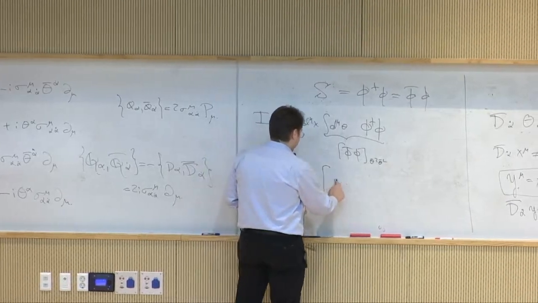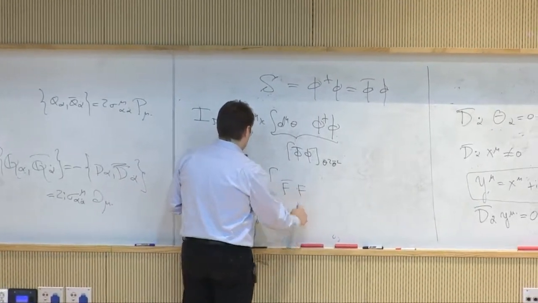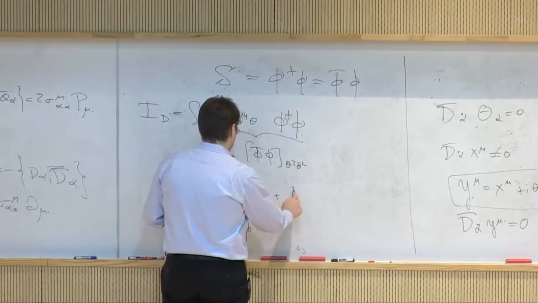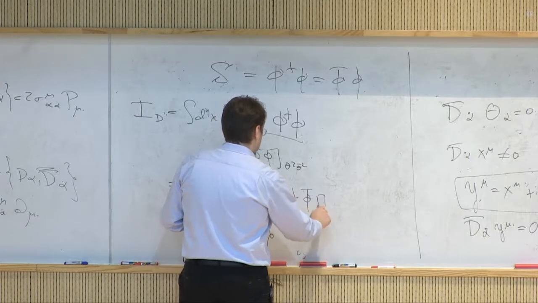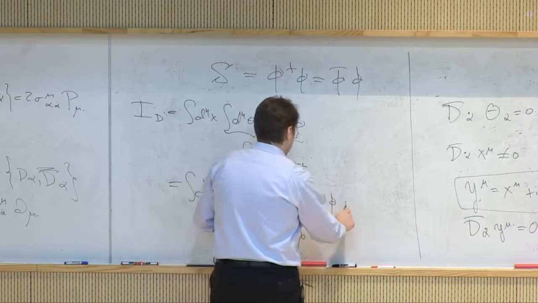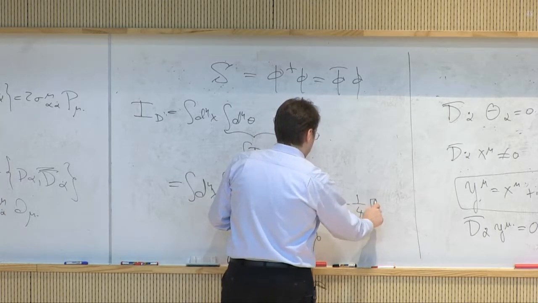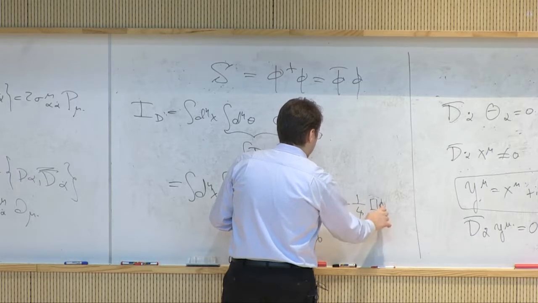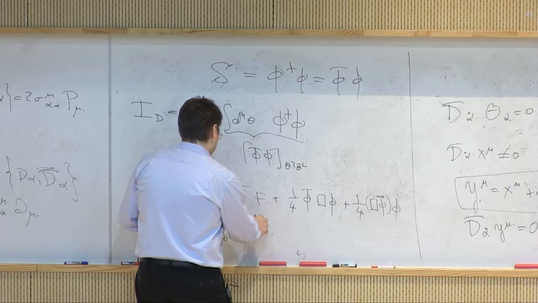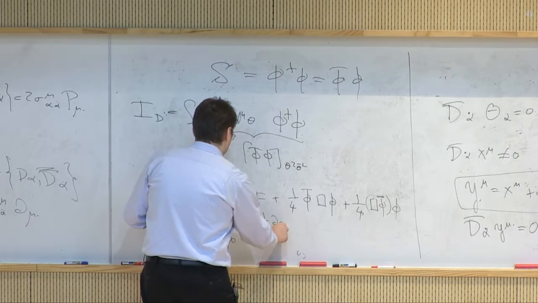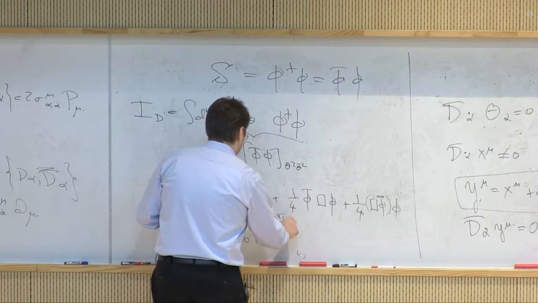There's an f bar f. There are some terms involving phi bar and box of phi. And there's a term involving box of phi bar times phi. Then there are some mixed terms involving d phi bar and d phi.